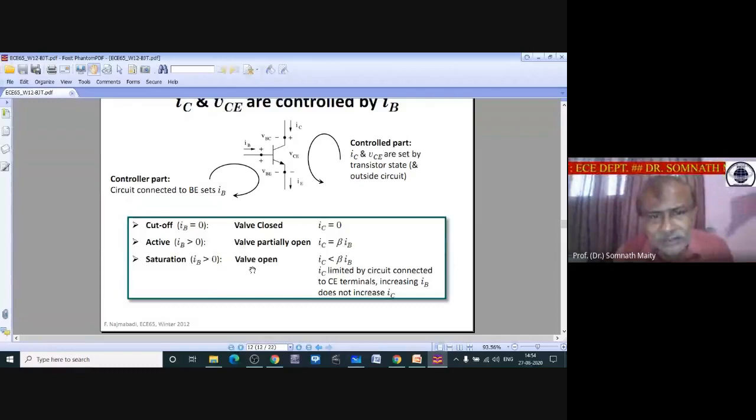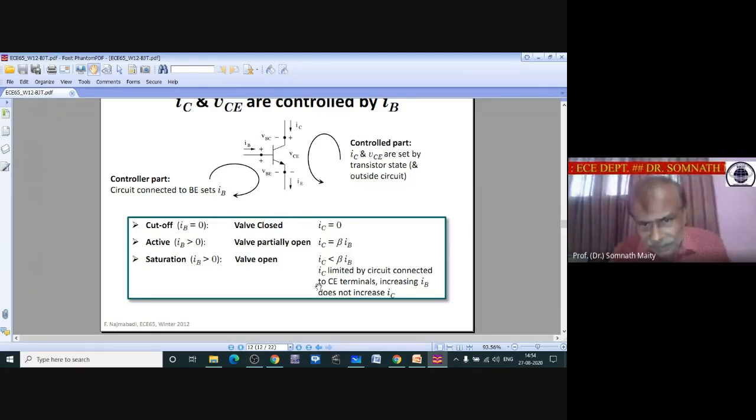Valve closed means switch off, no flow will be there. So you just compare the transistor with the flow. It's a control valve. If you close it, no flow will be there. If you open the valve, flow will be there. So cutoff means no flow of liquid in a pipe, that is, valve is closed, switch off. Active means partially open. Saturation means fully open.